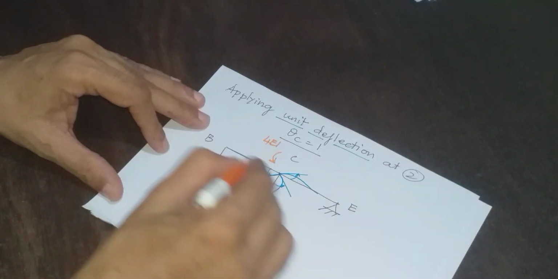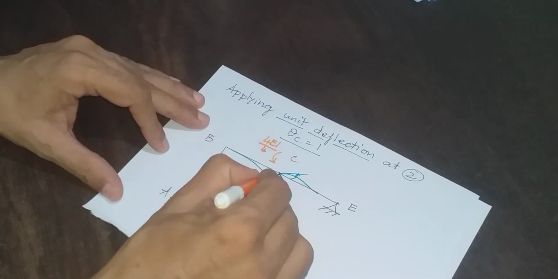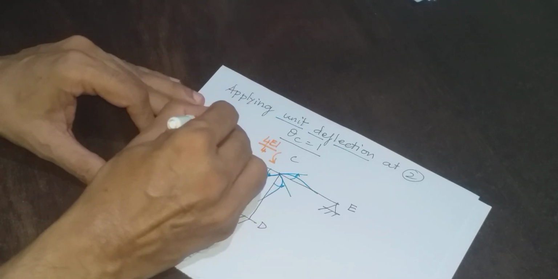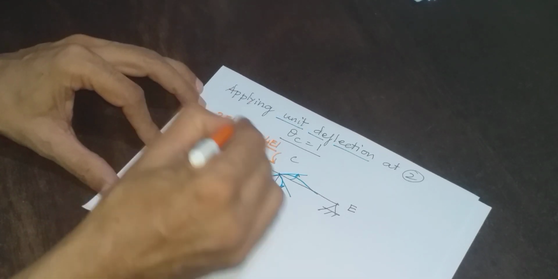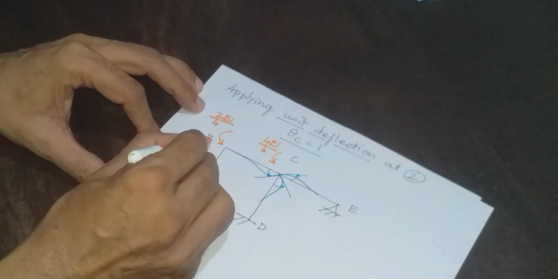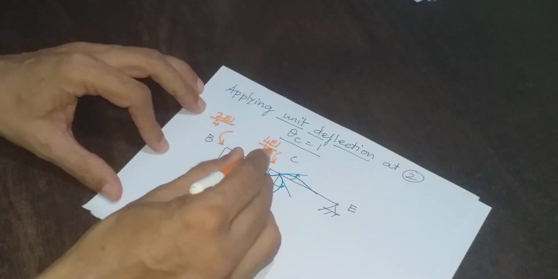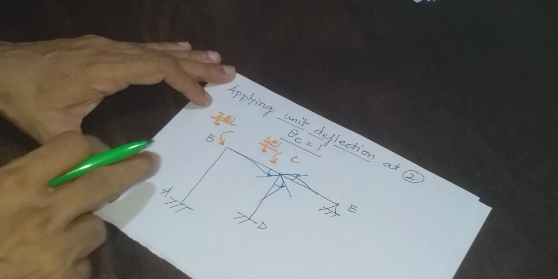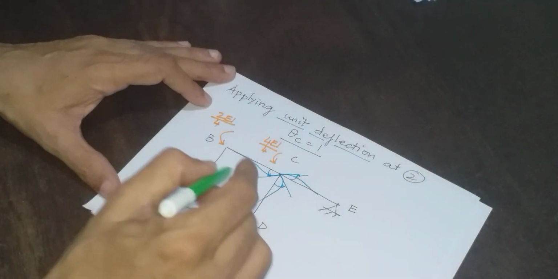So 4 EI by L is 4 EI by 4 in the portion CB, and half of it will be 2 EI by 4 at B. I repeat that there will be reactions, but we are not going to consider those reactions because there is no coordinate corresponding to the reaction.